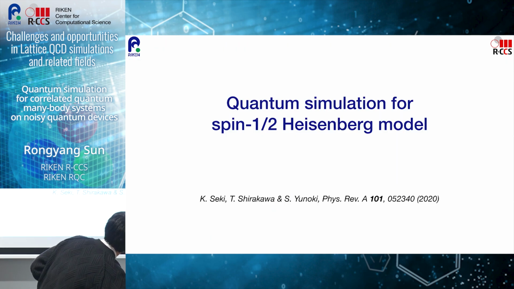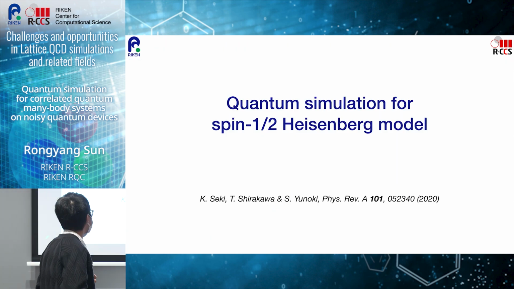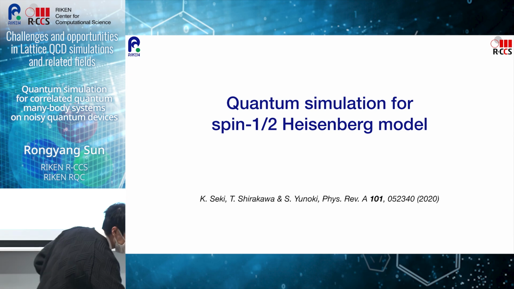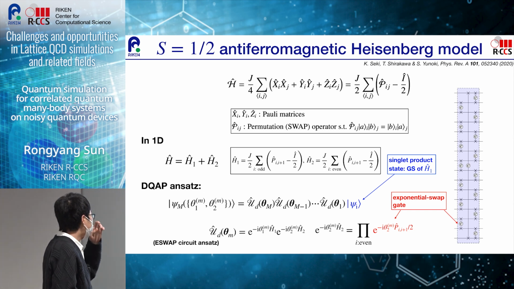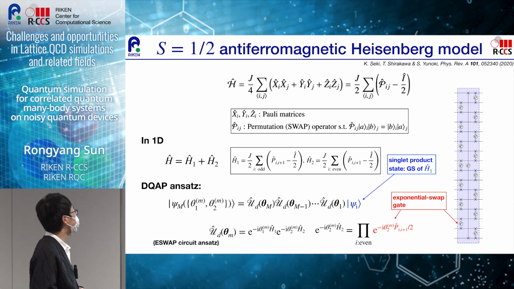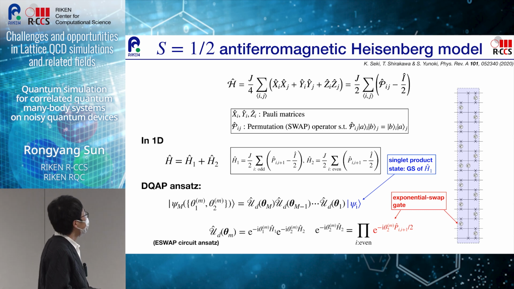Okay, and the second example is the simulation of a spin-1/2 Heisenberg model. Here is the Heisenberg model, and we can rewrite it with swap operators. Again, we can separate this Hamiltonian into odd bonds and even bonds, and follow the construction of the DQAP ansatz, which starts from the ground state of H1.